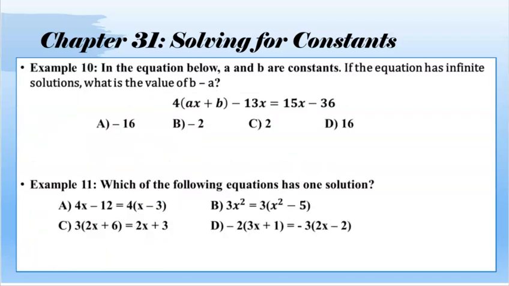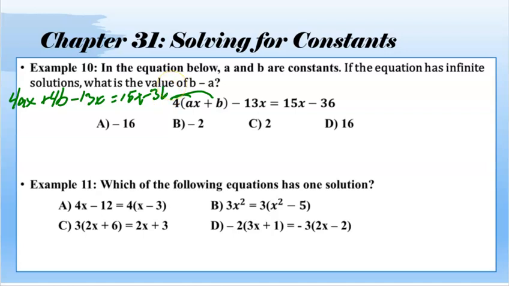Example 10, in the equation below, a and b are constants. If the equation has infinite solutions, what is the value of b minus a? So I need to have the same expression on both sides of the equal sign. So the right-hand side has 15x minus 36. I want the same thing on the left side. So if I distribute the 4, I'm now left with 4ax plus 4b minus 13x has to equal 15x minus 36.